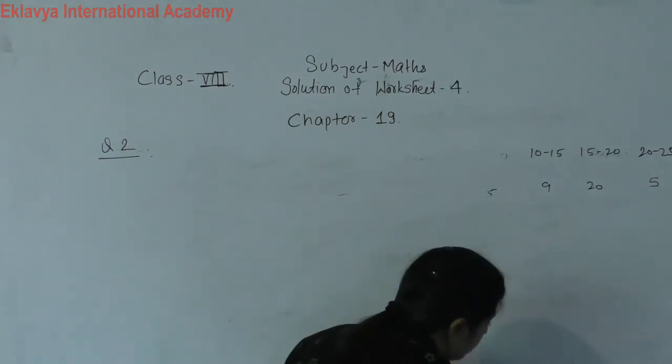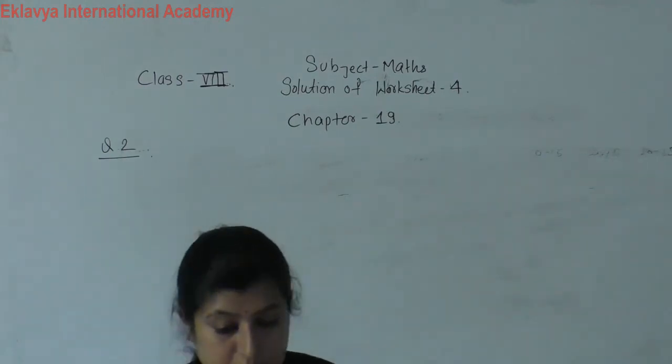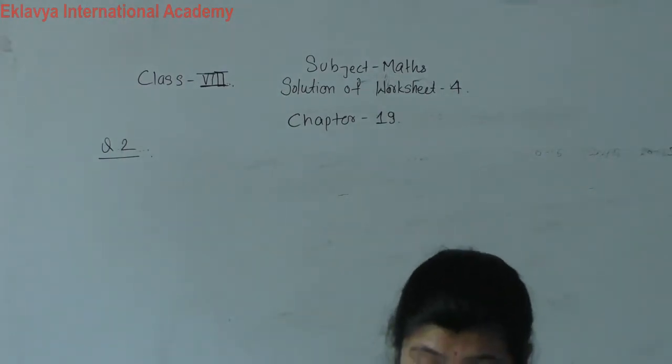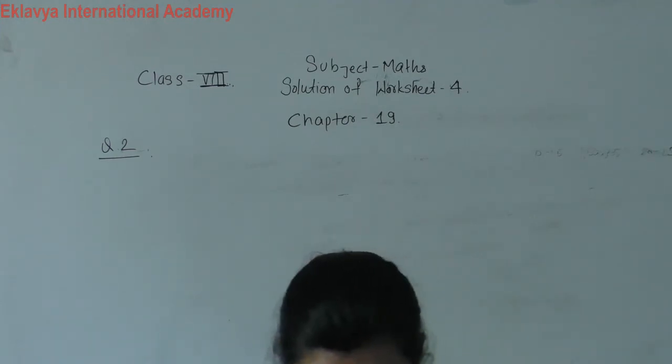Next question. The number of books lent out by a school library each day is shown in the following table.